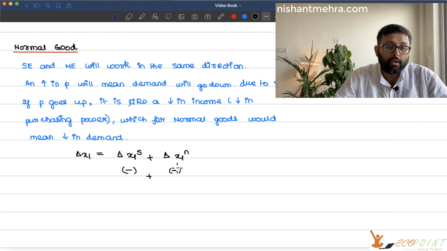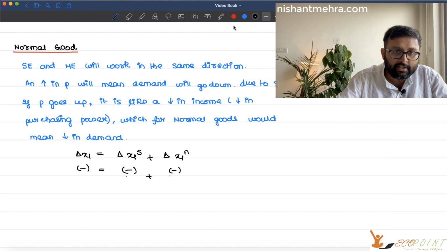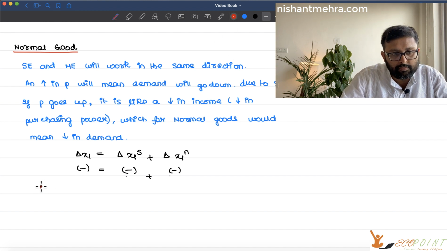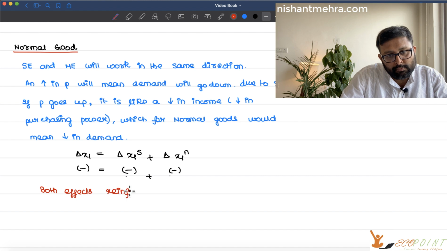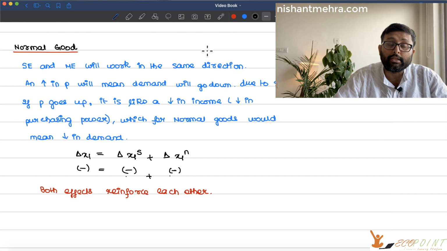So the total has to be negative. There is no ambiguity at all. Both effects reinforce each other.